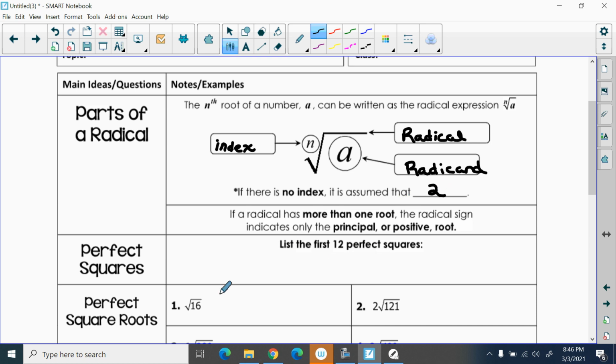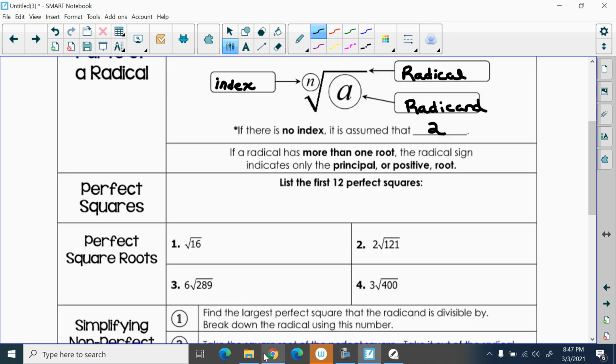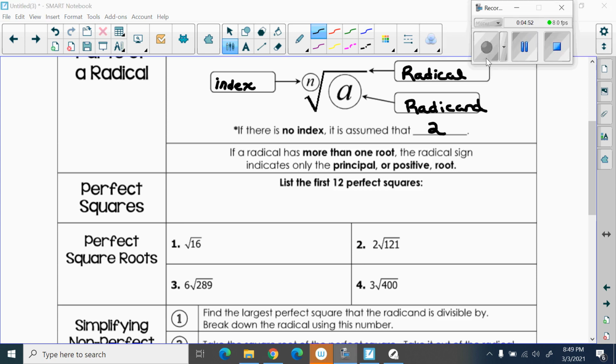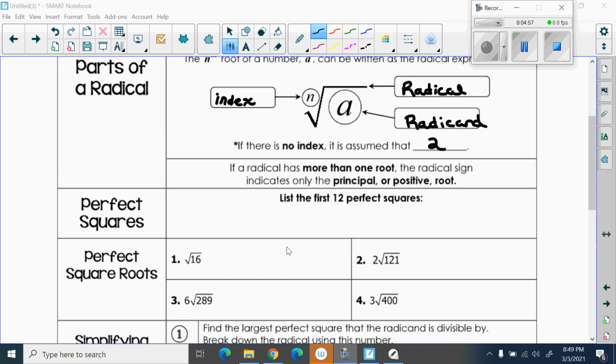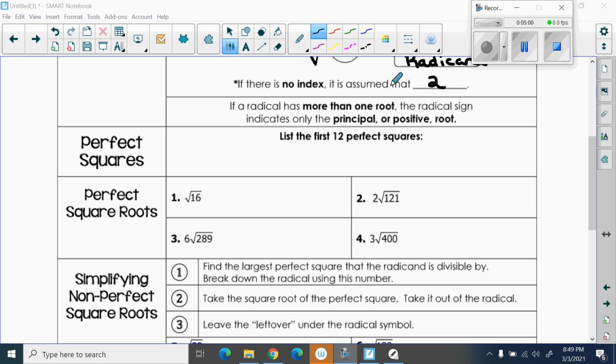So we're going to start out looking at all these basic square roots. I can do these in my calculator or in my head, but I'm going to show you a little bit of both. We're going to take the square root of each one of these.